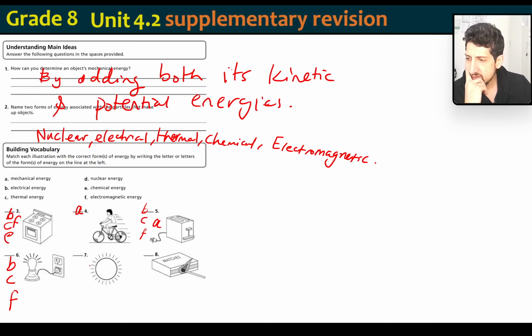The sun. Interesting. The sun definitely has nuclear energy. The sun has thermal energy, C. And the sun has electromagnetic energy. What about matches? Matches have chemical energy. When you light them, they have a lot of heat, a lot of electromagnetic energy.